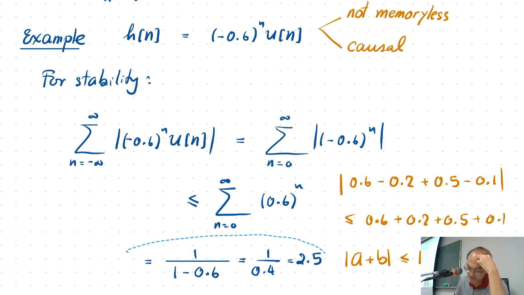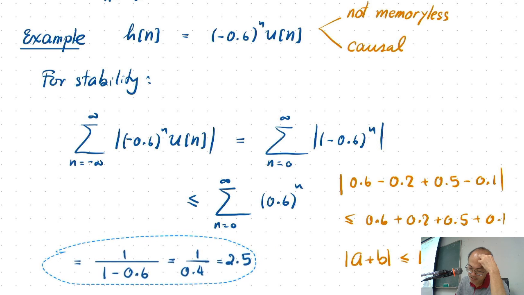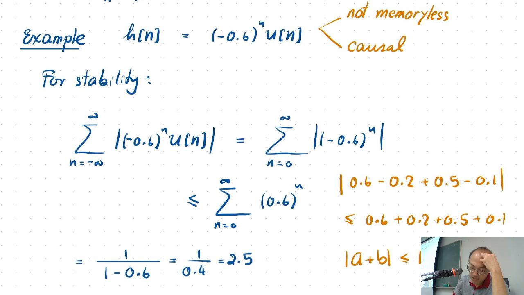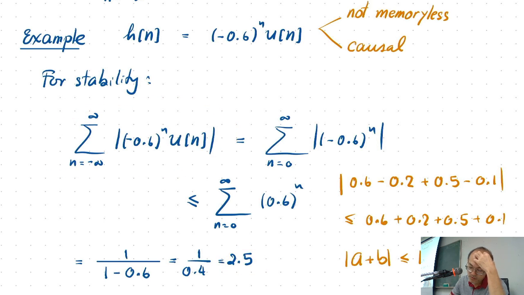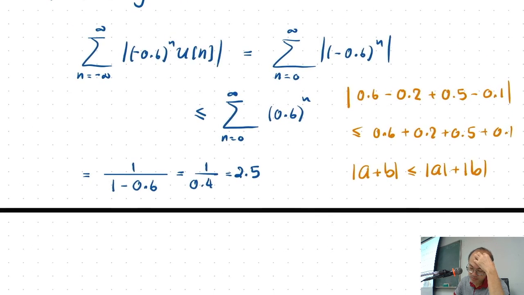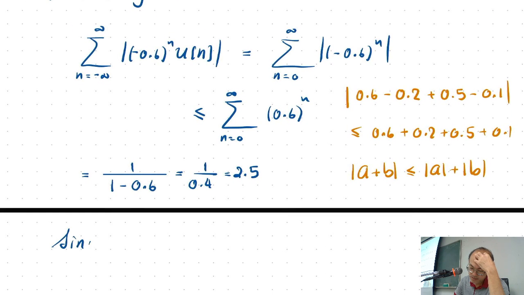Is this finite? Yes, it is, because this summation is less than or equal to 2.5, so it is finite, and because it is finite, it is stable. So since this summation is finite, the system is stable.